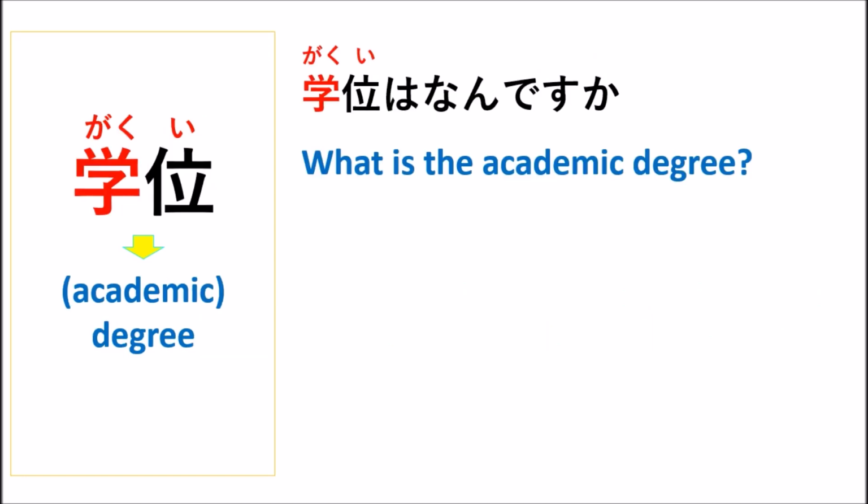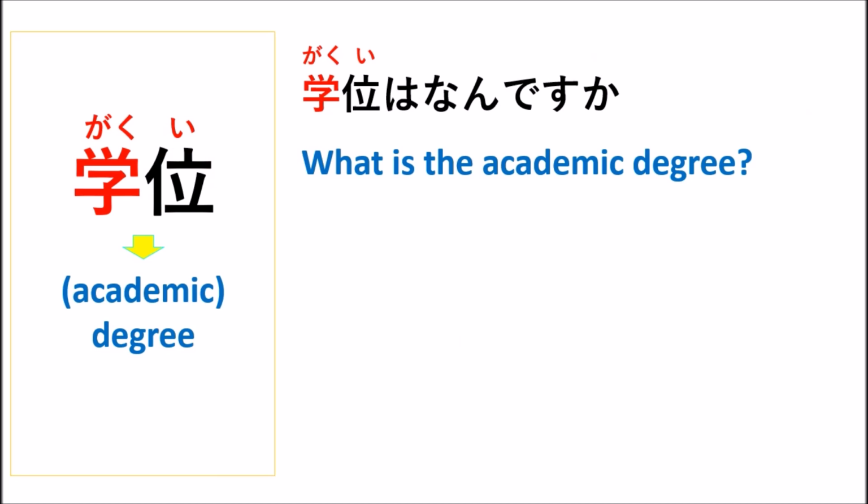学位. 学位 means academic degree or the degree. 学 means learning or studying or science. 位 means the position, right?